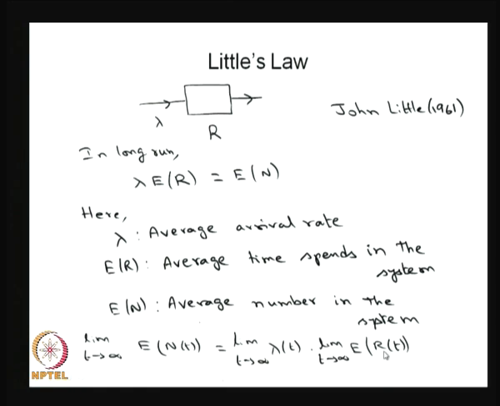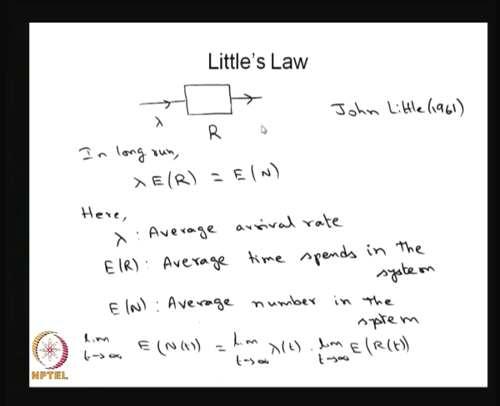Similarly, the average time spent by the customers in the system, as t tends to infinity, that expectation quantity also has a limit. Therefore, lambda times expectation of R is the same as expectation of N.